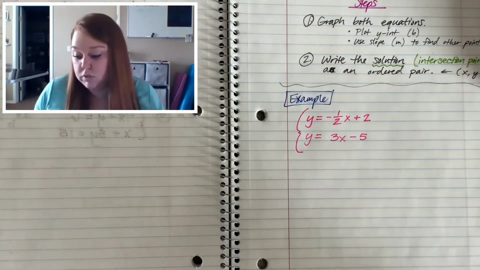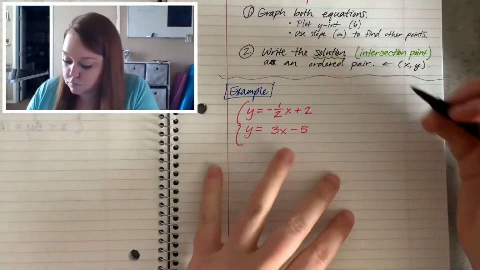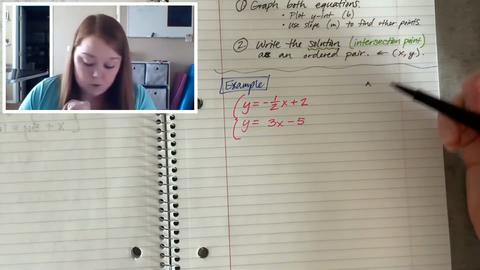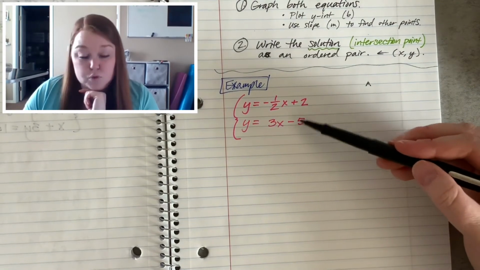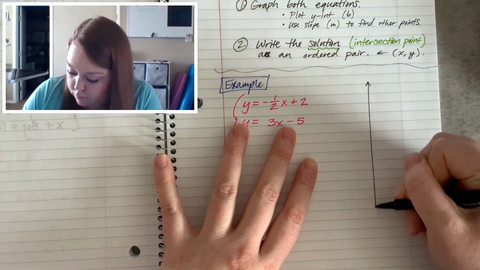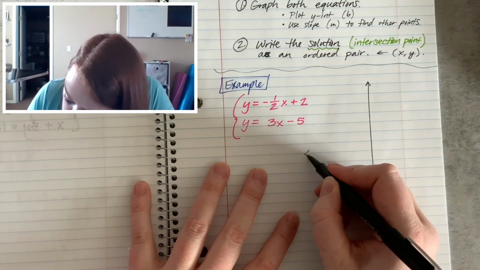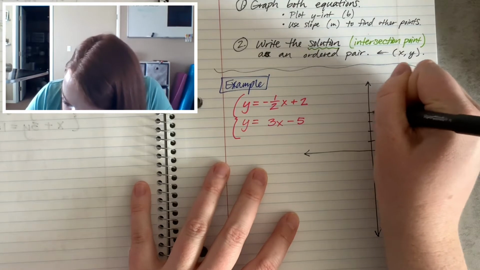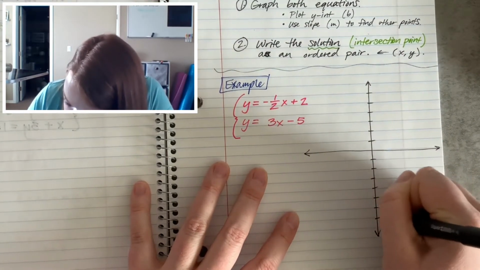Okay, so steps are graph both equations. So obviously we're going to have to set up a graph. So in your notebook, I'm just going to tell you, you're going to want to go out to at least -5 on the y-axis in order to be able to graph that. Okay, so keep that in mind when you're setting up your graph. Do your little tick marks.